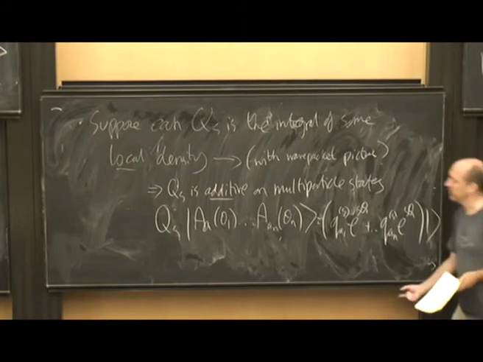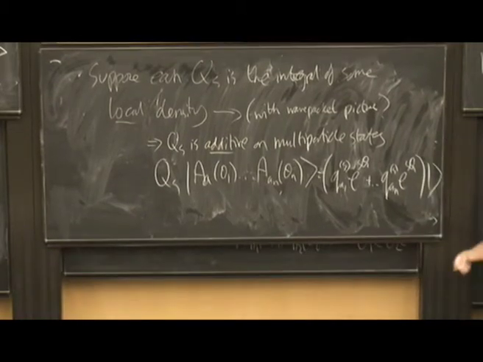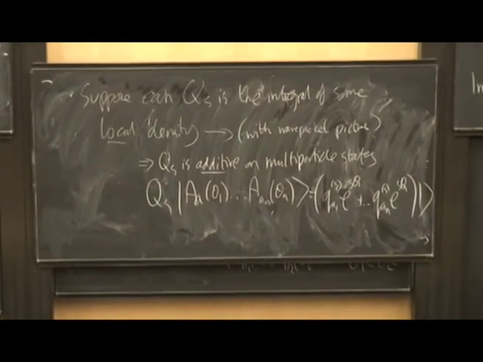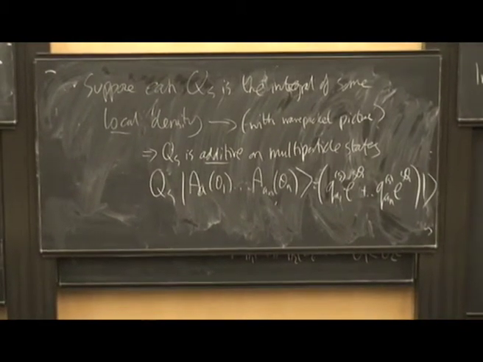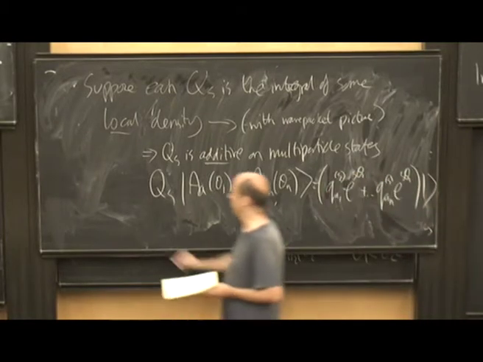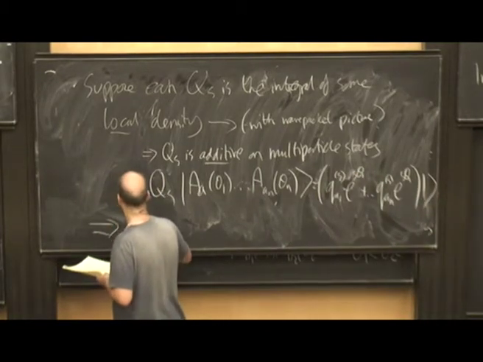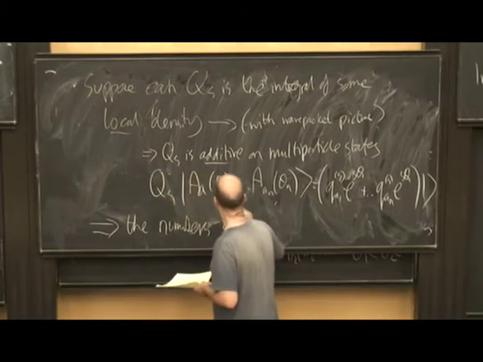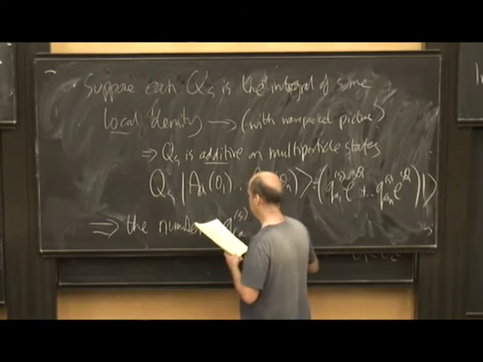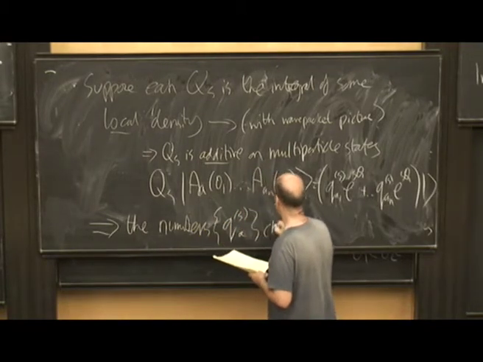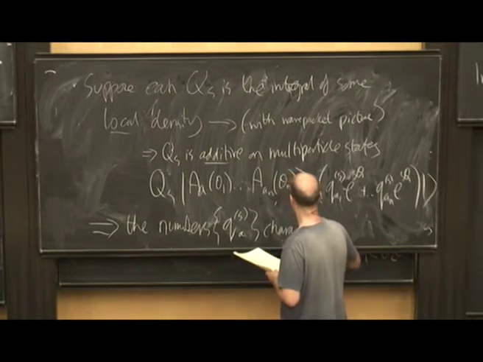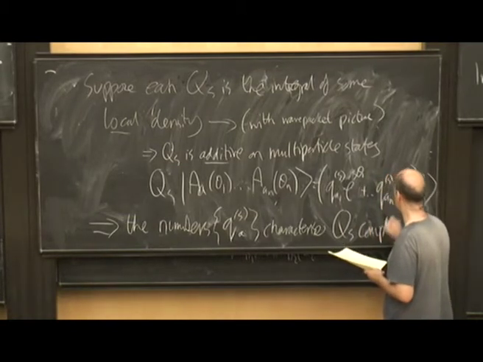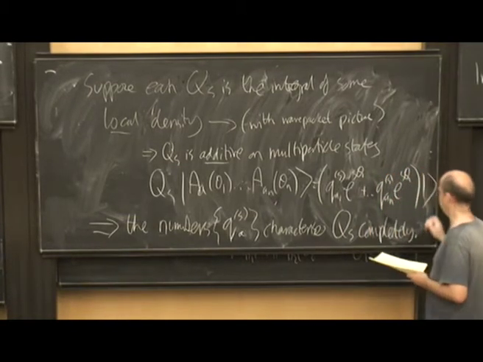Okay. Now, I used this word asymptotic completeness before, just a statement that states of this form span the whole Hilbert space. So once we know how Q acts on all states of that form, we know how Q acts on everything. So that in particular implies that the numbers q_a^{(S)} characterize Q_S completely.